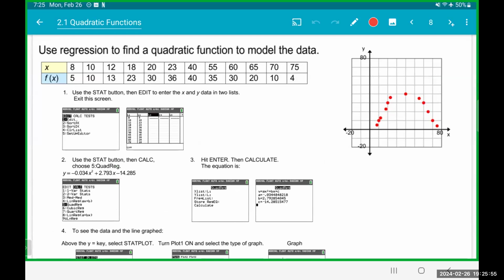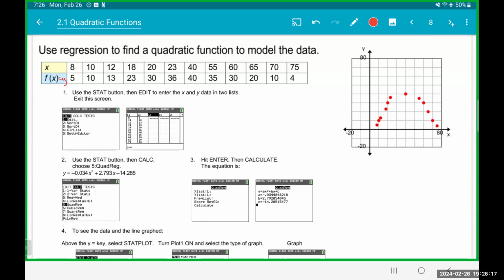But in this case, if I wanted to do a quadratic regression, I would use the stat button on my calculator, hit edit, and enter values for x and y. So remember, f of x really is the same thing as y. To enter 8, 10, 12, 18, etc. for my x.